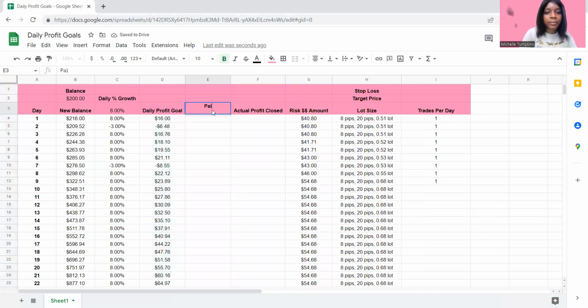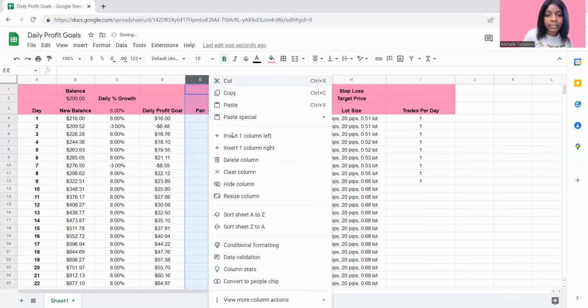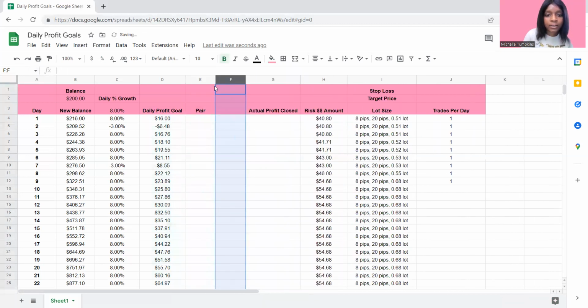So for this one, I believe I have it as pair, so that you can put what pair you're taking for your trade. So like if it's NZUSD or GBPUSD, you know, you can put it in there. And then I also have position, so you could put your buy or your sell. And then down here at the end, and I mean, you could put this anywhere.